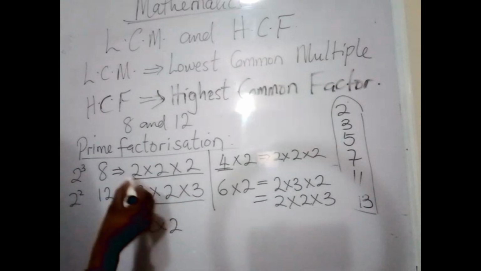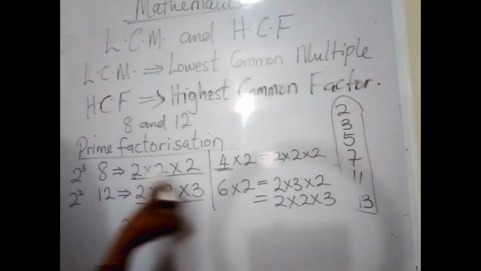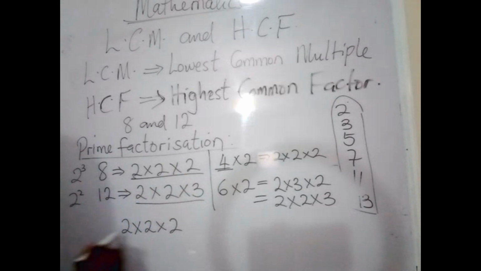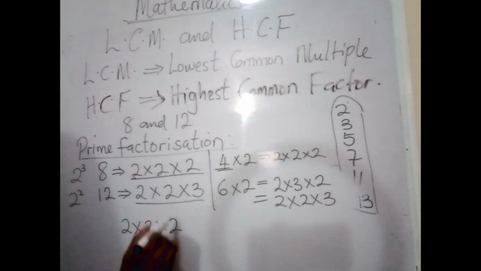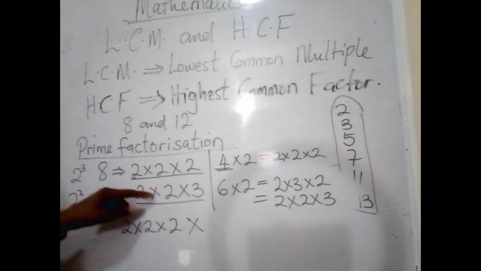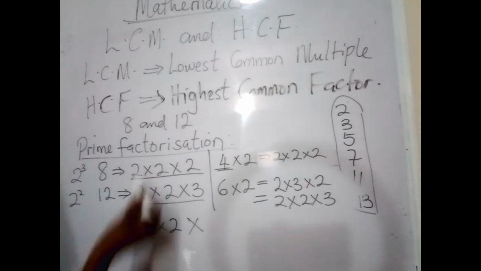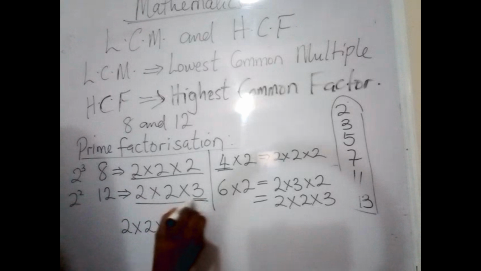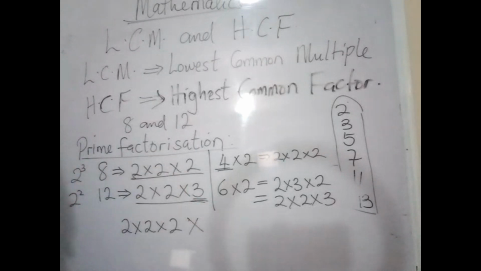So for 8, the 8 has the highest prime factorization with 2. Okay, so we are taking the 2 from 8, which is 2 times 2 times 2. Then times, if you come to 12, we can't repeat this 2 anymore because it's not up to the 3 2's that we took. But there is a number in this 12 that is not reflected in 8.